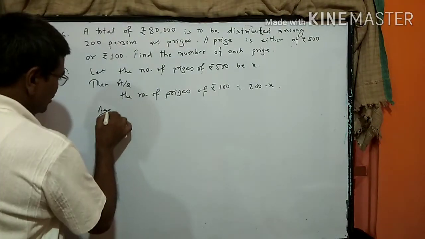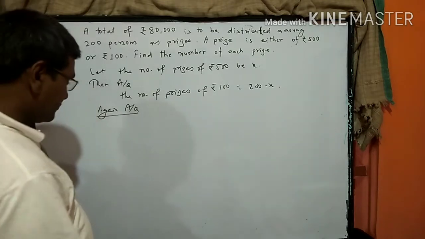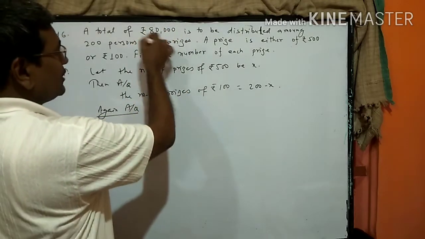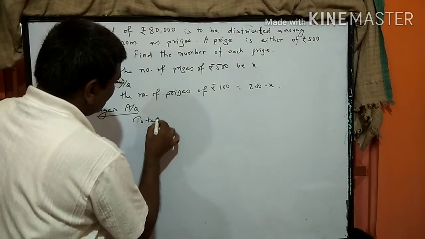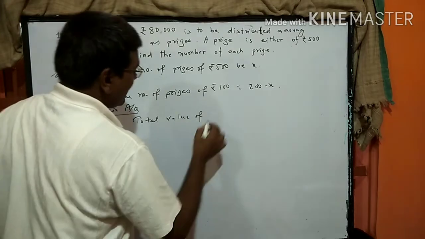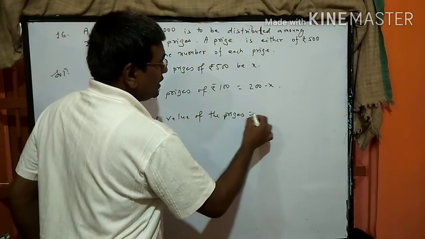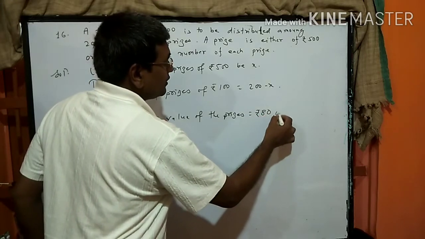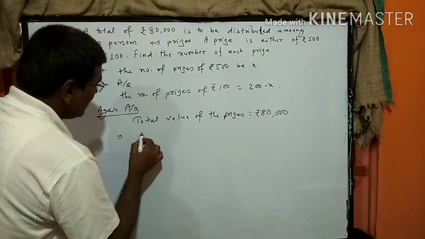Again according to the question, the total amount is 80,000. The total value of the prizes equals rupees 80,000, and this is of two types.